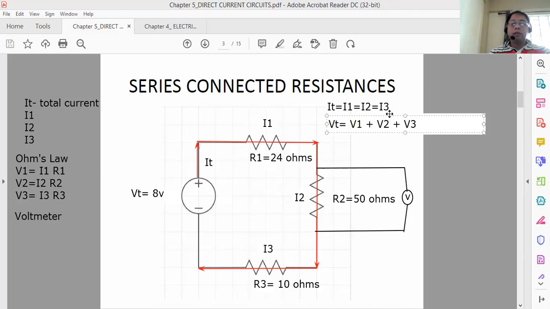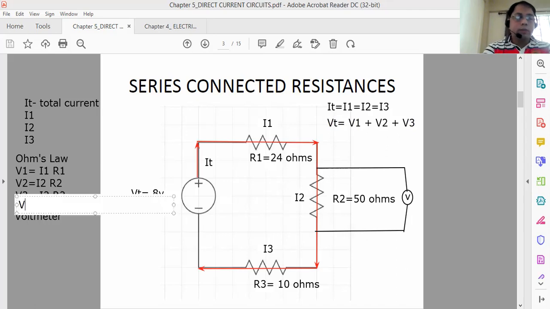So if you add up all the voltages together, they are equal to the total voltage V sub t, which we call the total supply voltage. That is the one that is provided by our battery. Now again, its relation to our individual voltages is that they are added up together.